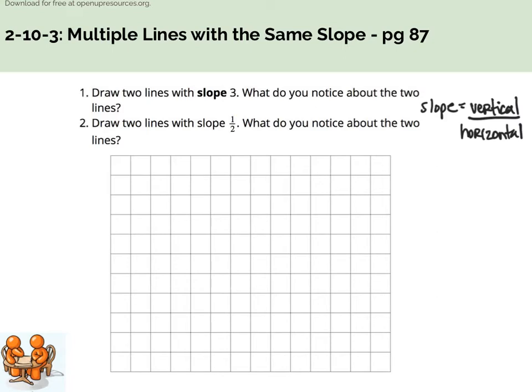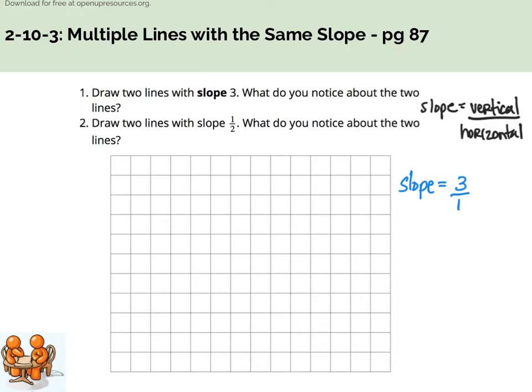Now that you have drawn the 2 lines with slope of 3, I'm going to go ahead and do that. So I know that we're trying to do a slope of 3. I'm going to change my color. So I have a slope of 3, and I need a vertical and a horizontal. I can make that a fraction. I know 3 divided by 1 is the same as 3.